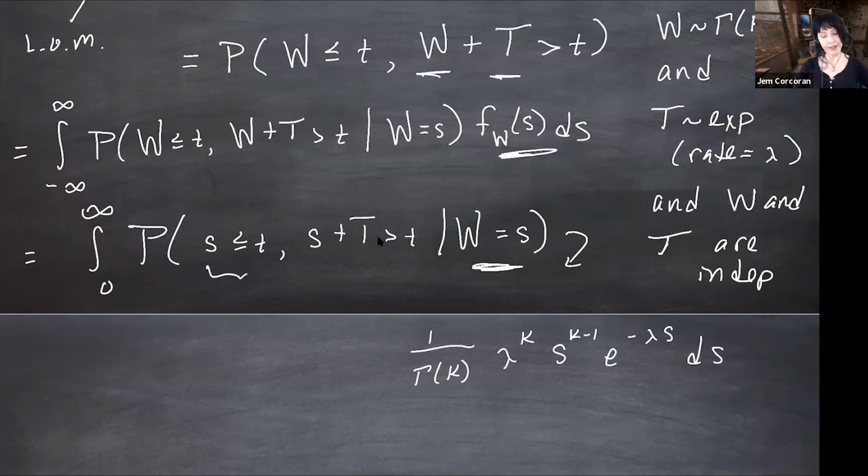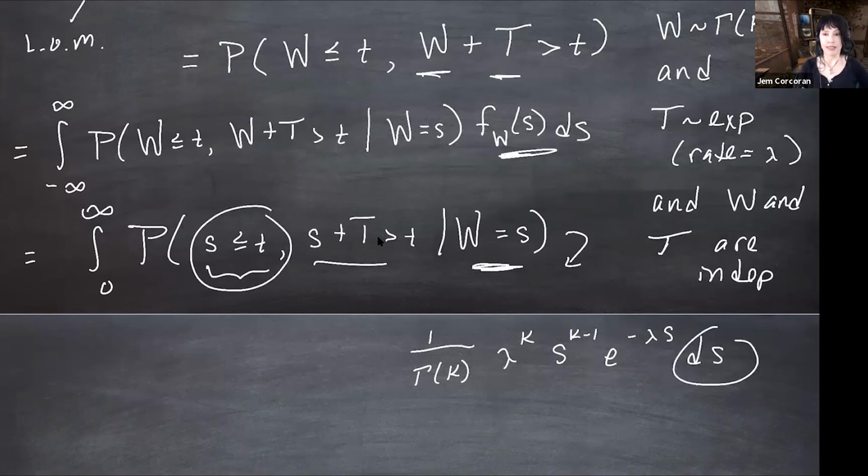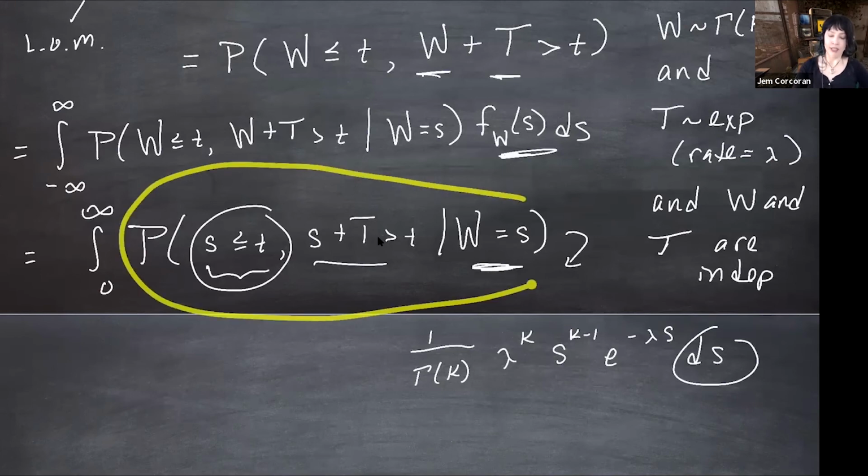So over here in this probability, I've got two constants. I've got something else to worry about as well, but it's kind of like the probability that 1 is less than or equal to 3, or the probability that 3 is less than or equal to 1. It's either 1 or 0. So I get to drop this as long as I limit my s's to being less than t. So this entire probability is going to be 0 if the s ever gets up above t.